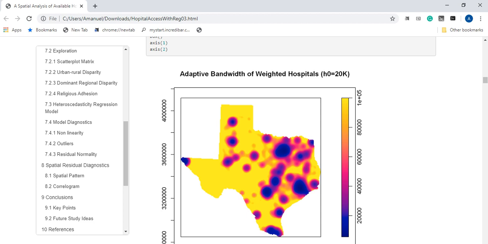In contrast, for sparsely rural areas, the adaptive bandwidth increases to 100 kilometers, which is equivalent to 60 minutes drive time in rural or sparsely populated areas.